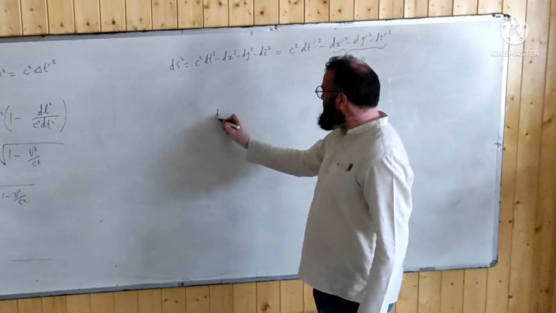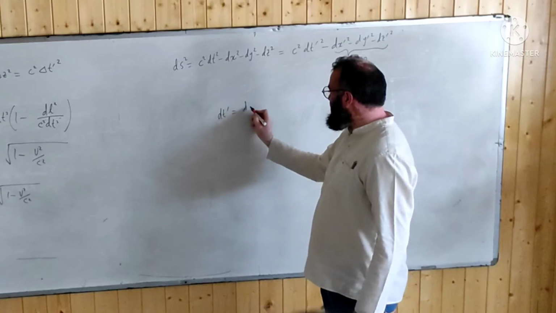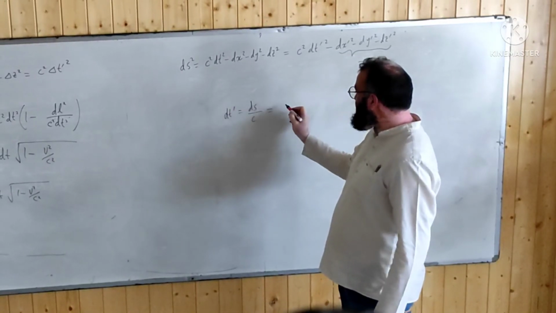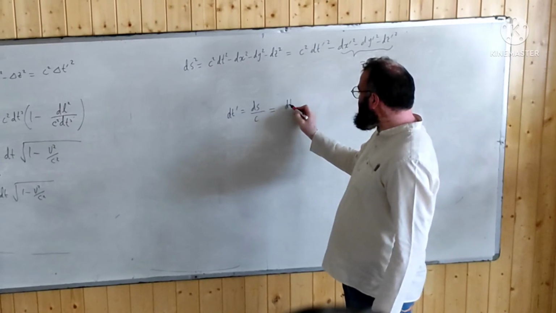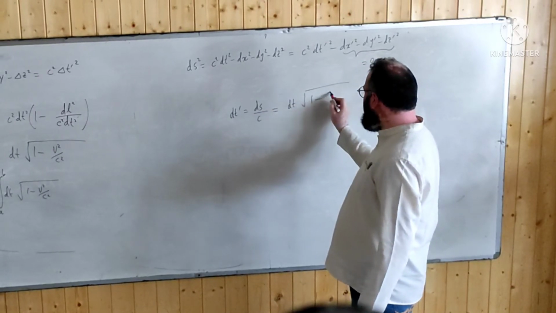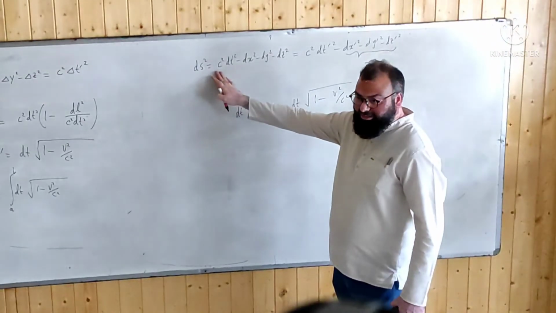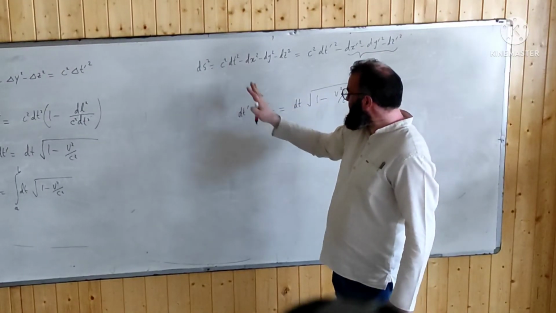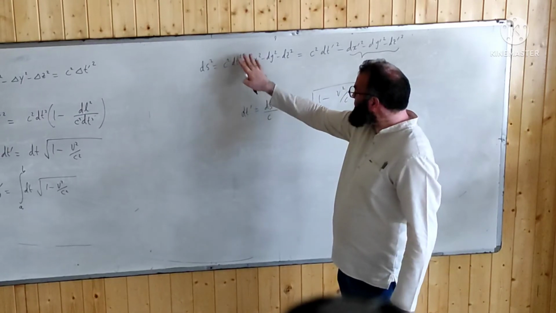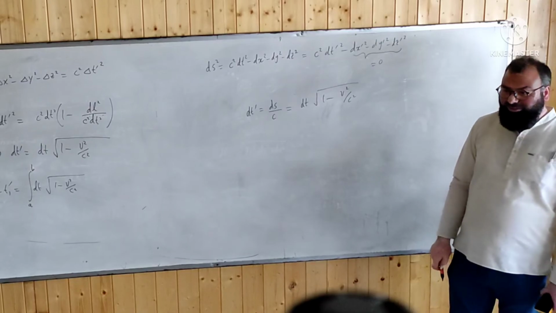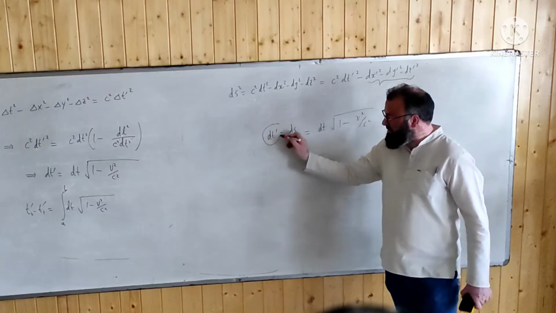It gives me dt prime as ds divided by c. That is simply equal to dt times the root of 1 minus v square by c square. You can take dt out here. It will be c dt, but I have divided by c here, so it comes out like this. Clear?